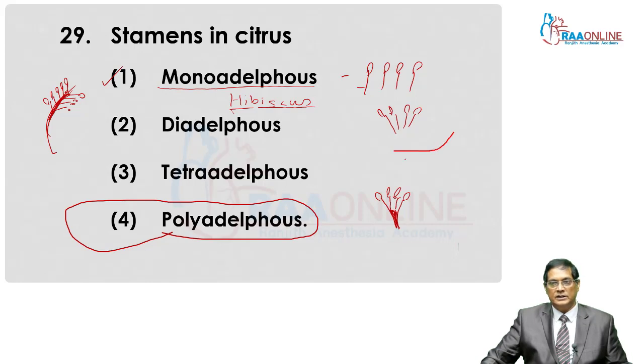This is stamen 1. This is stamen number 9. So a total of 9 stamens are united by their filament only.